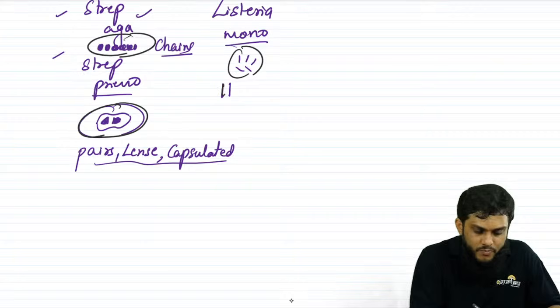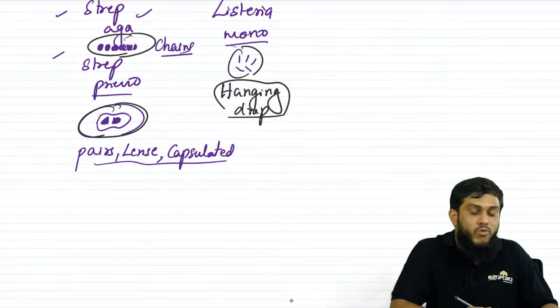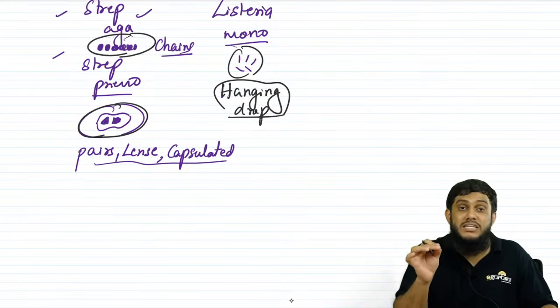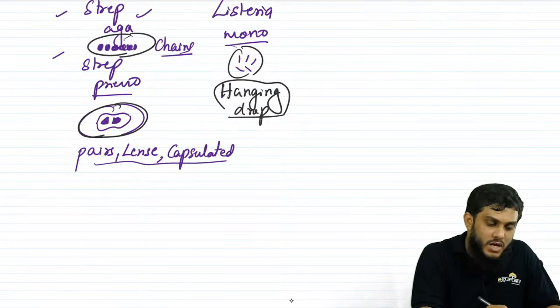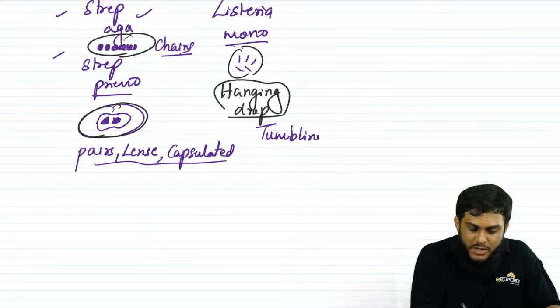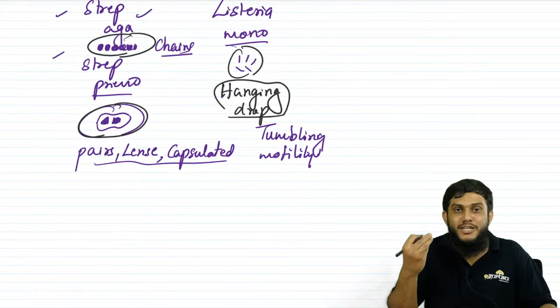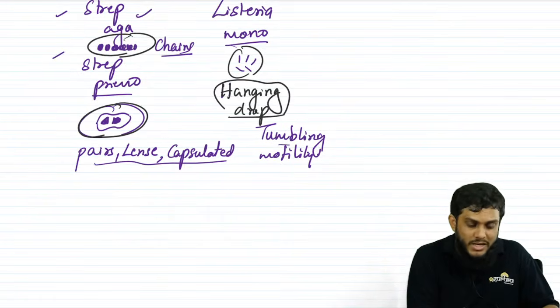If we perform hanging drop, we know that Listeria is motile at room temperature and shows tumbling motility. If you see tumbling motility on hanging drop, then we can again think of Listeria. And you know, Listeria is motile only at room temperature, that is 25 degrees Celsius, where it shows tumbling motility.